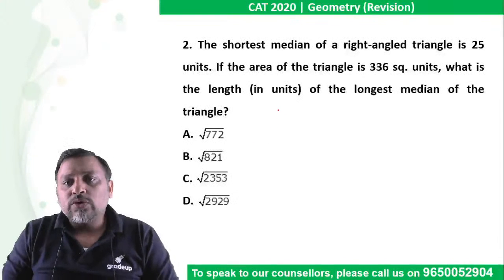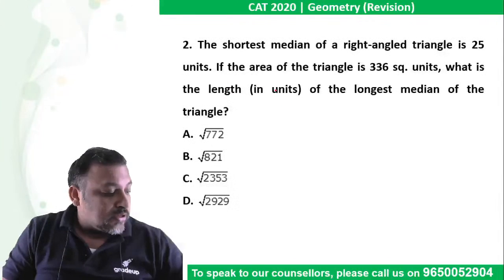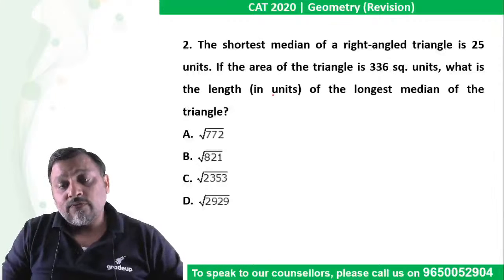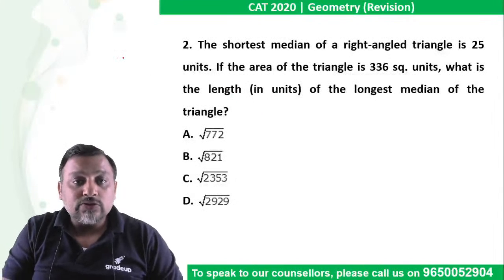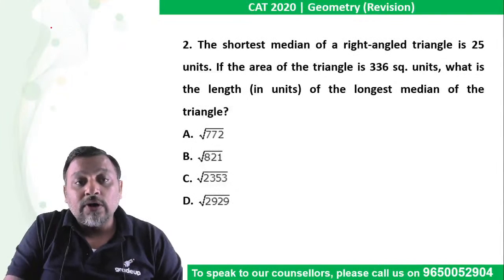See, either I can do this using the conventional approach, or I can do this by using the concepts of right angle triangles. So it will save us time if I use the knowledge of Pythagorean triplets.